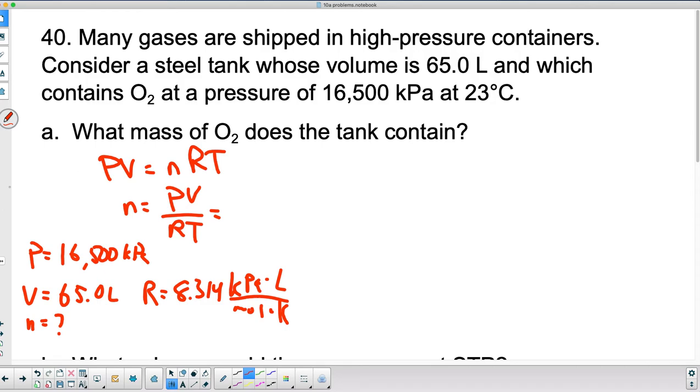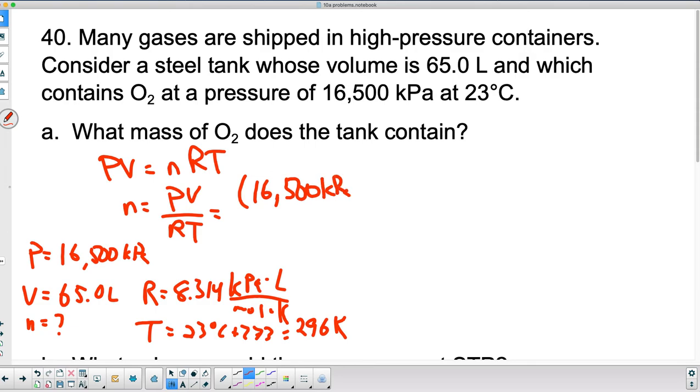Okay. And then temperature is what? 23 degrees. So 23 degrees plus 273 equals 296 Kelvin.